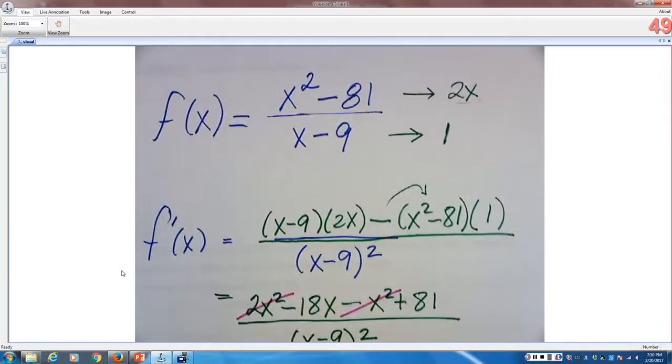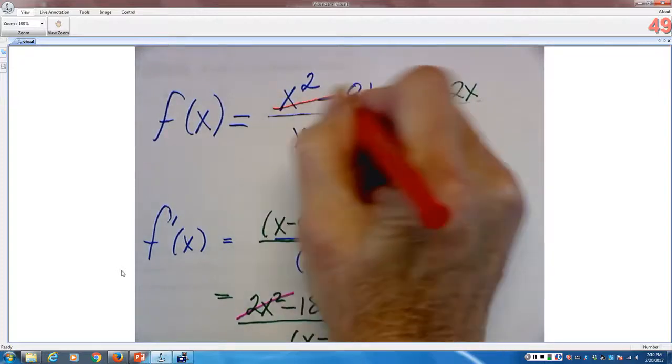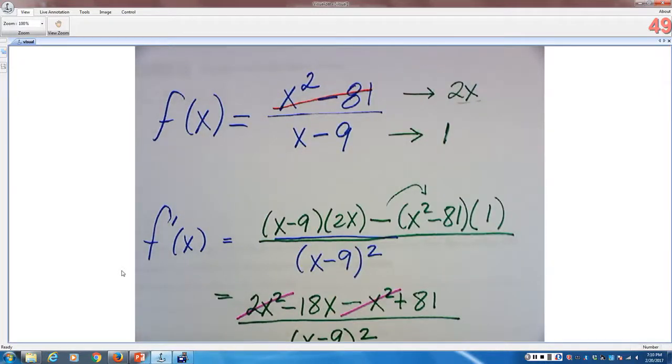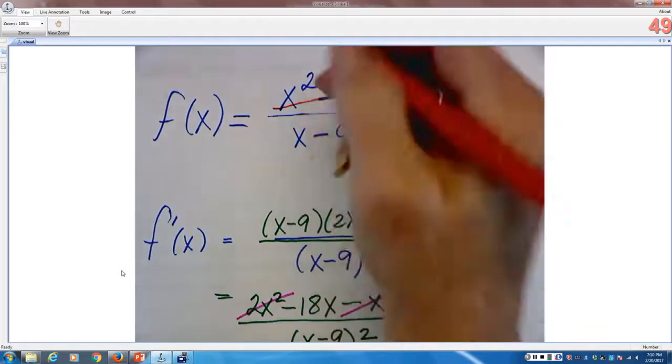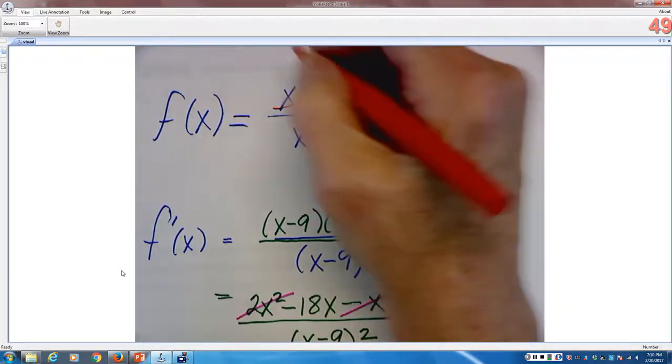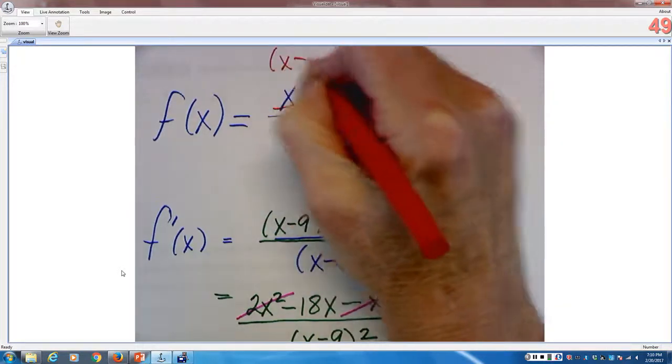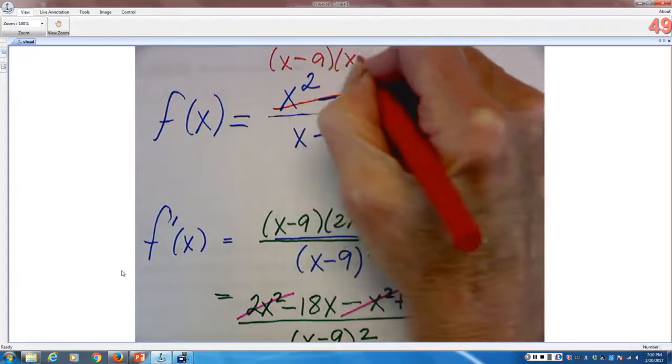Let's come back up here to the original function, not the derivative. The original function would have factored also, right? But it would have just taken 1. It would have, and that's why I want to look at it. So x minus 9 times x plus 9.